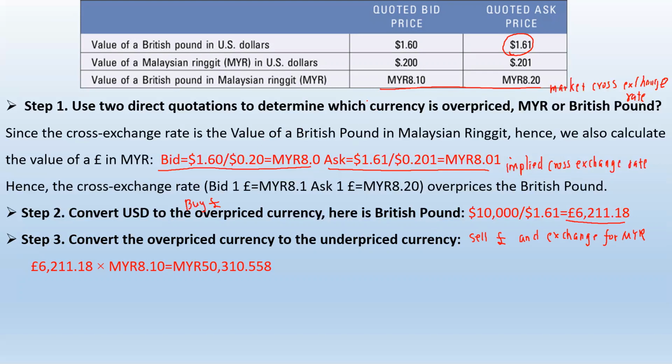The meaning of the bid price here is that the bank will buy British pound at the price of 8.1 MYR.